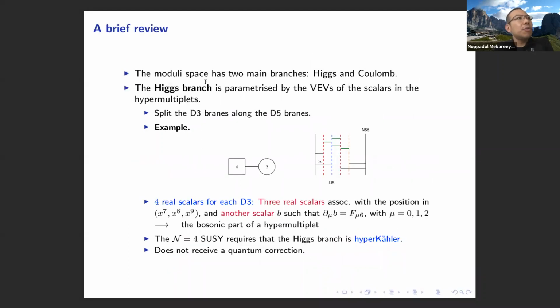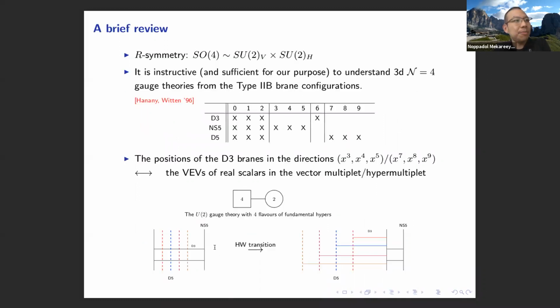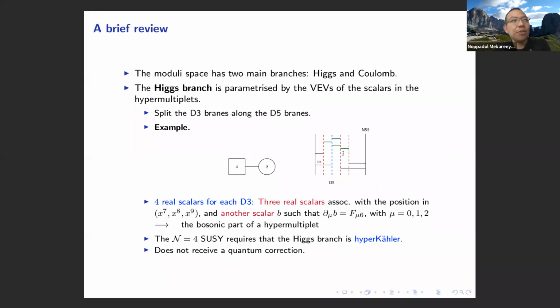Okay, so for the vacuum space of this theory, there are 2 main branches. One is the Higgs branch and one is the Coulomb branch. The Higgs branch parameterizes vacuum expectation values of scalars in the hypermultiplet. The way to see this is to take this picture and then split the D3 between the D5 branes. After splitting, you get this picture.